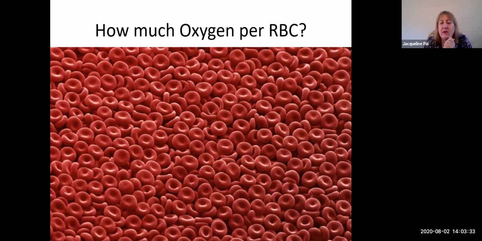I get a whole bunch of different numbers. The problem is, if you're giving me 4, that's not per red blood cell. That's 4 per hemoglobin. And remember, I said hemoglobin was 90% of the red blood cells.